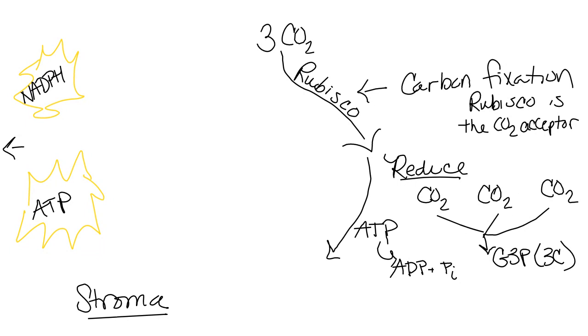And then we're going to have NADPH, which is reduced, be oxidized. When it becomes oxidized, it's releasing energy. Where is that energy going? It's being applied to reduce, right? This is where energy needs to be applied.